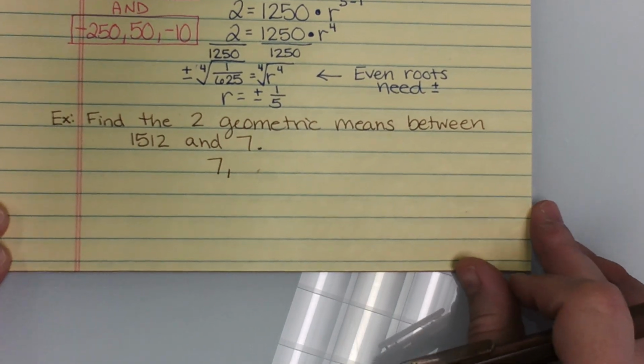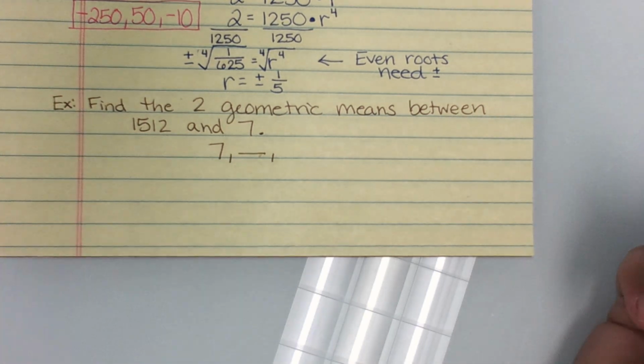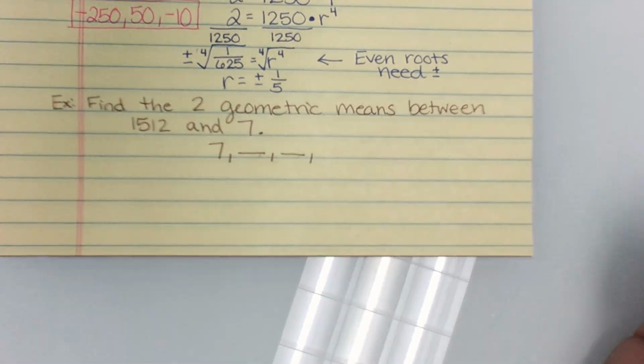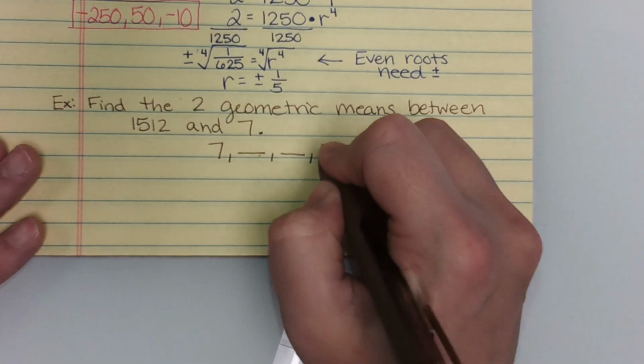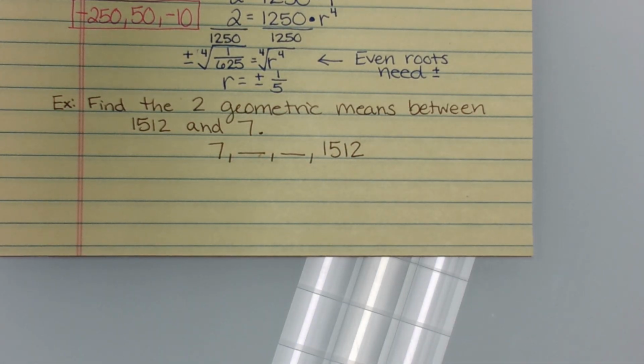7. What comes after 7? Followed by? Make sure you're putting the correct number of blank spaces as well. Once I've got this, what do I do next?